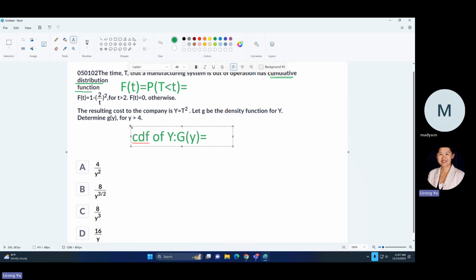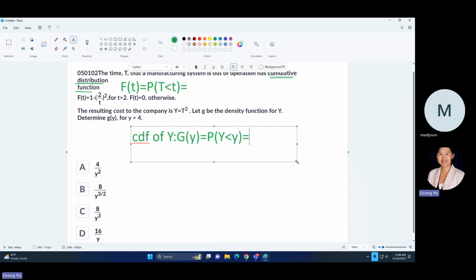So the cumulative distribution is the probability that Y is less than the number y. The first Y represents the variable Y, which is equal to T squared. The second y is any number. So we're going to be able to calculate that probability.